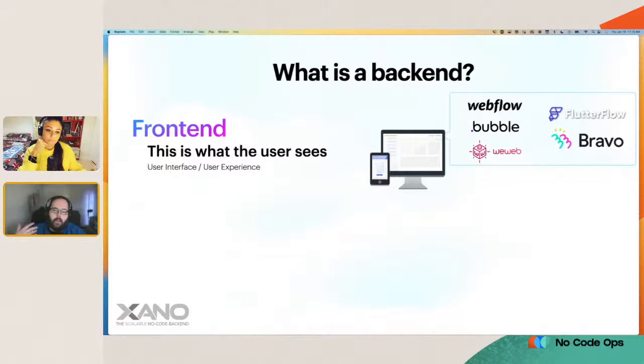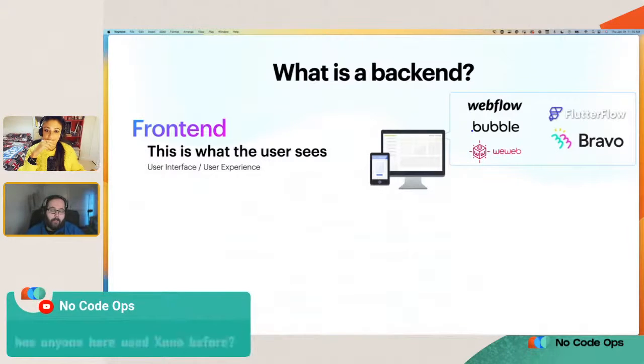And of course, with the crowd that we have here today, you are more than likely using one of the various no-code front ends to put together your applications. So it could be Webflow or Bubble or Bravo. There's so many different no-code front ends that all do a really great job of making sure that we put forth these great user experiences.